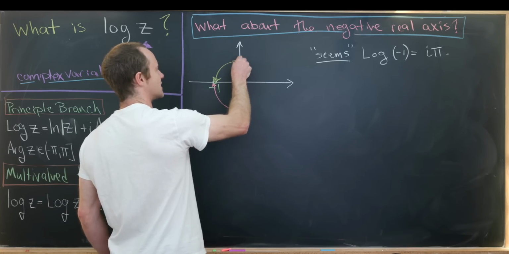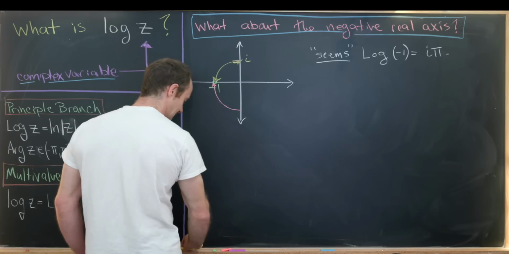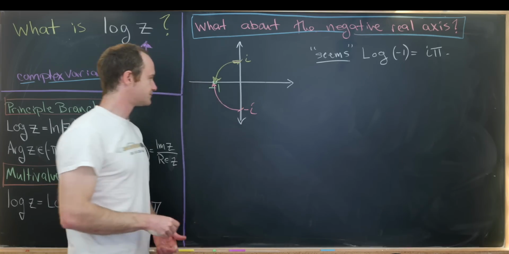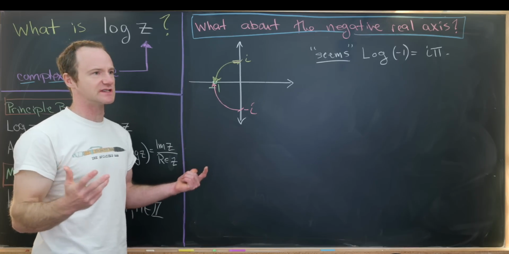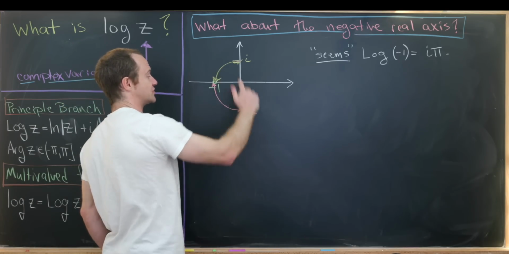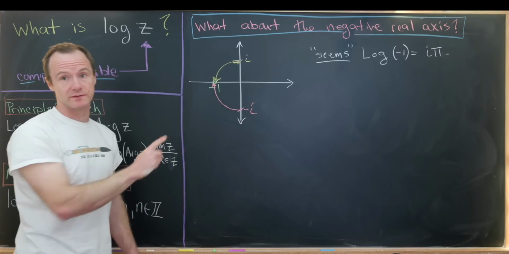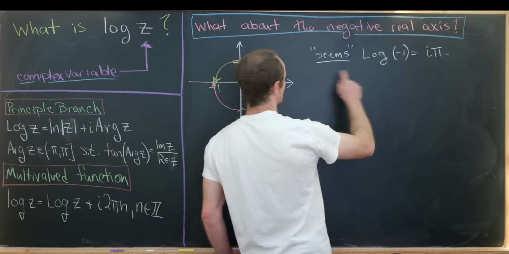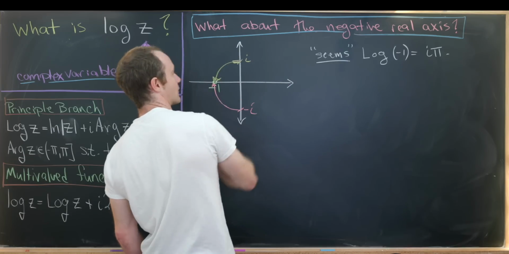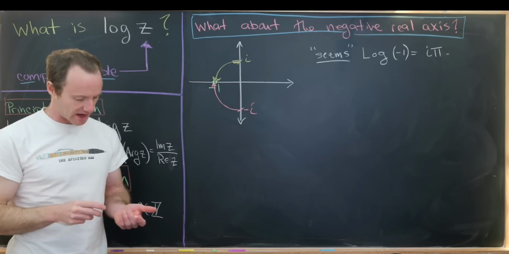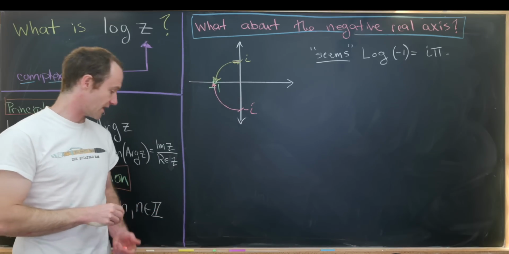That means right here it's going through the point i, and then down here it's going through the point -i. If this function is continuous or well behaved, the logarithm should approach the same value regardless of which arc we're approaching on. And that value should probably be i pi given our motivation over there.